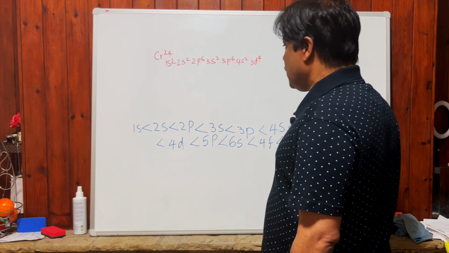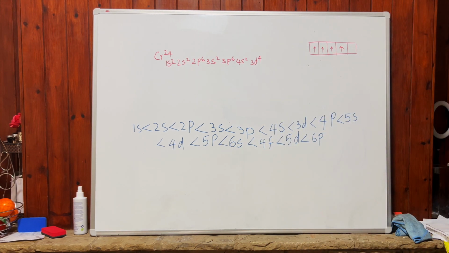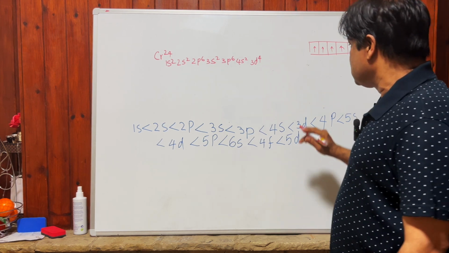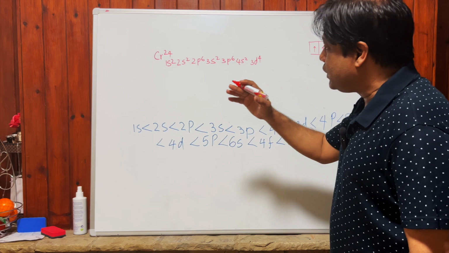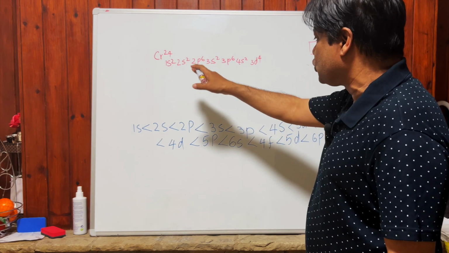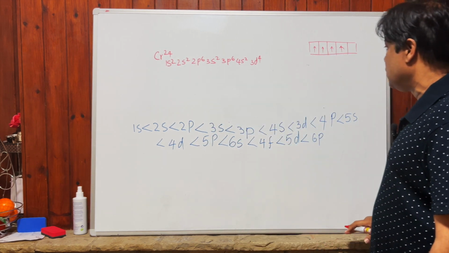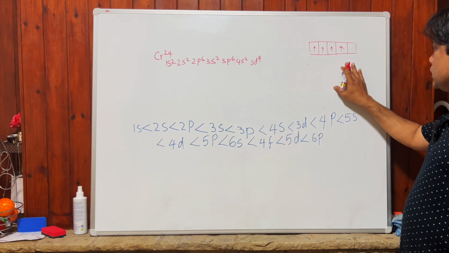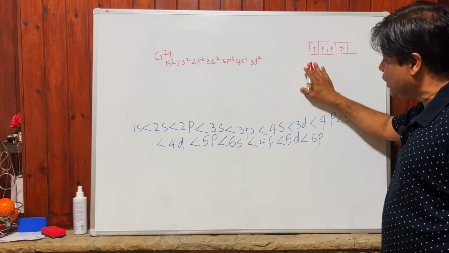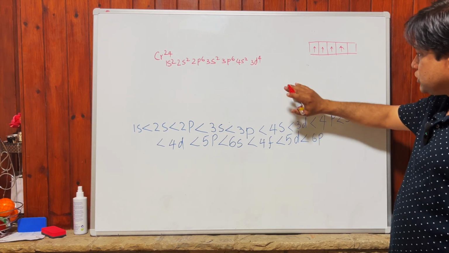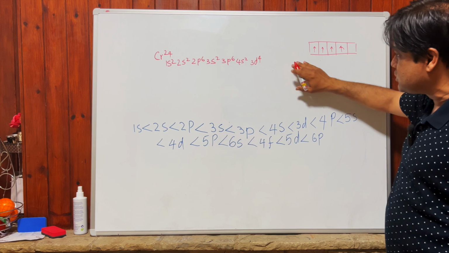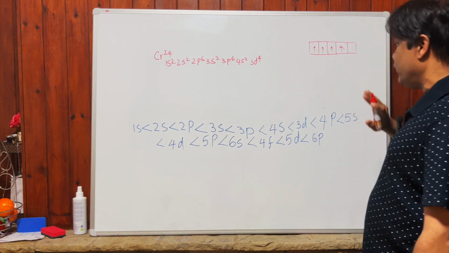3d4. But this is not the right electronic configuration, because it will not give stability to chromium. This configuration is incompletely filled; the d orbitals are incompletely filled.